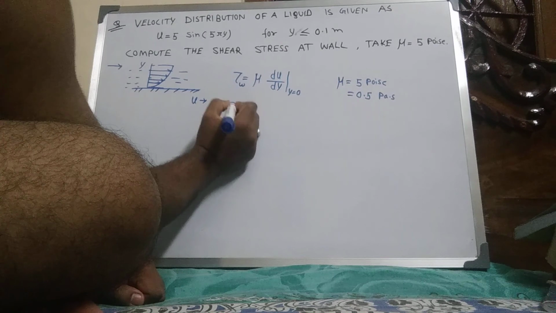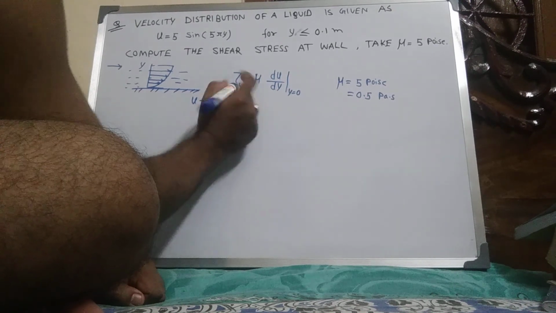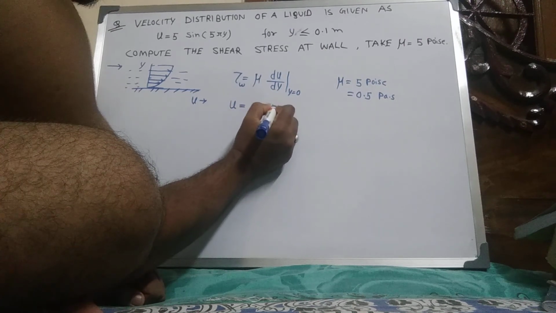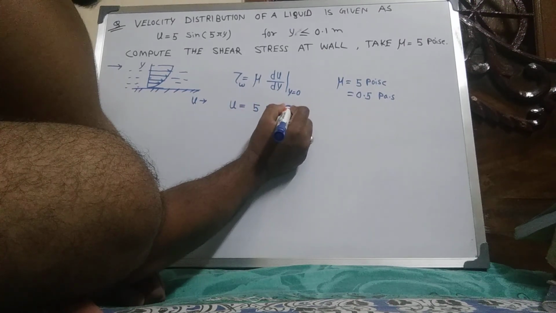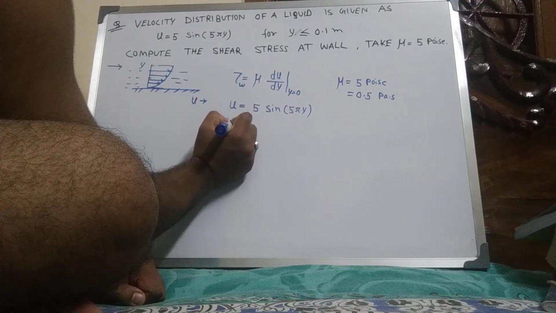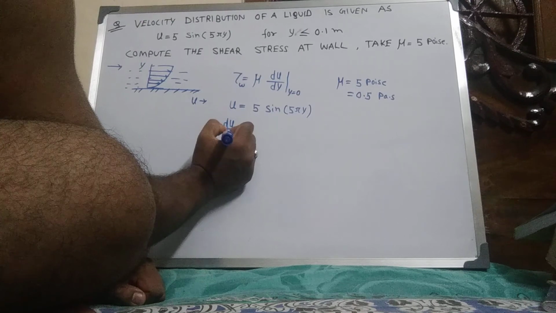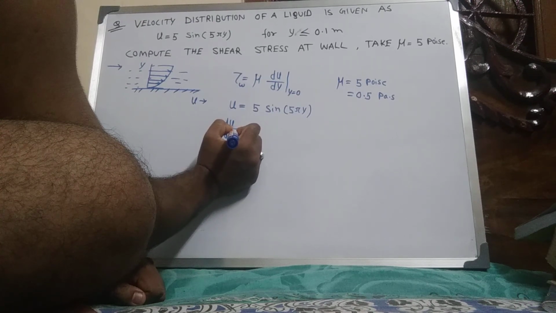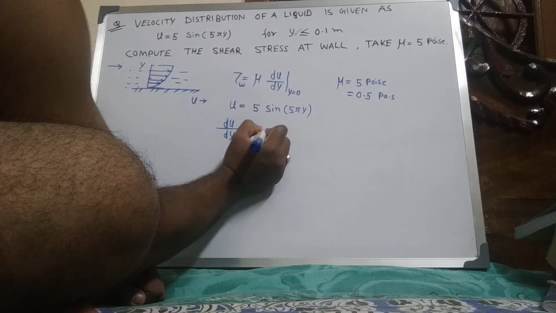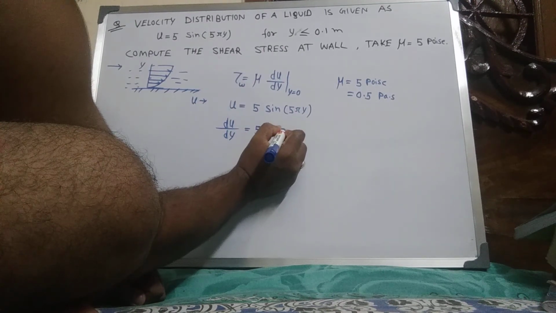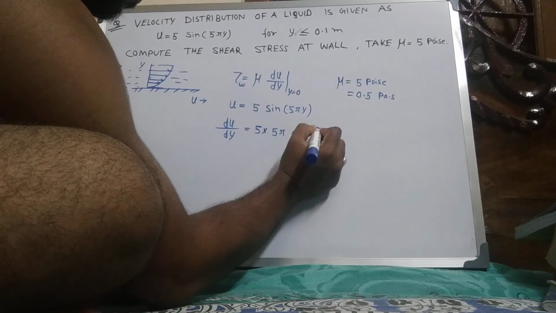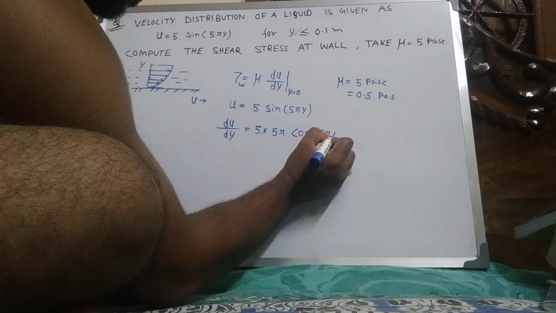And now the velocity distribution equals 5 into sine 5 pi y. So du by dy, derivative with respect to y, 5 into 5 pi, this is the constant, and cos 5 pi y.